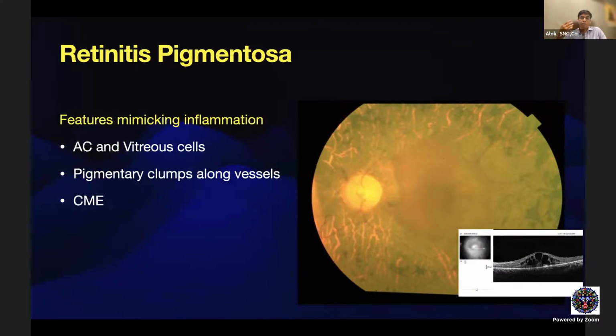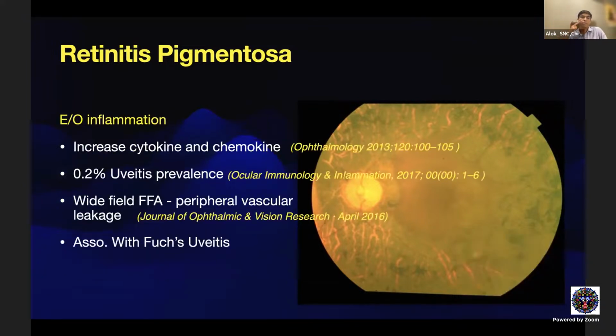Now, the features that may mimic inflammation in these patients are the presence of anterior segment and vitreous cells, which can be there in the majority of cases. Pigmentary clumps along the vessels may sometimes mimic vasculitis, and CME is seen in about 30 to 40% of these patients. There is also evidence of inflammation in these eyes in the form of increased inflammatory cytokine and chemokine levels.